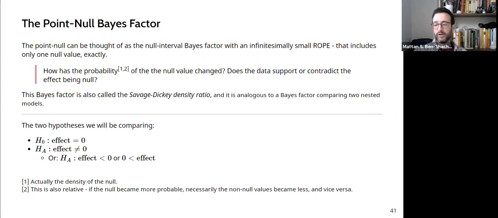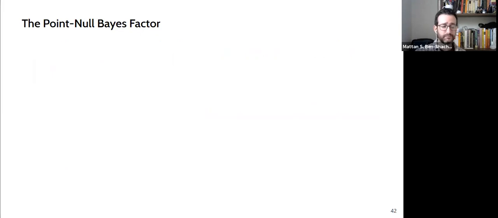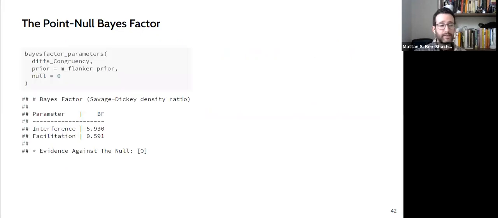Our hypotheses here are, the null hypothesis is that our effect is exactly 0. And the alternative hypothesis is that the effect is not 0. Okay, so that the effect is either positive or it is negative. To get this, we basically run the same code as before, just that instead of null being a range, now null is just a point.